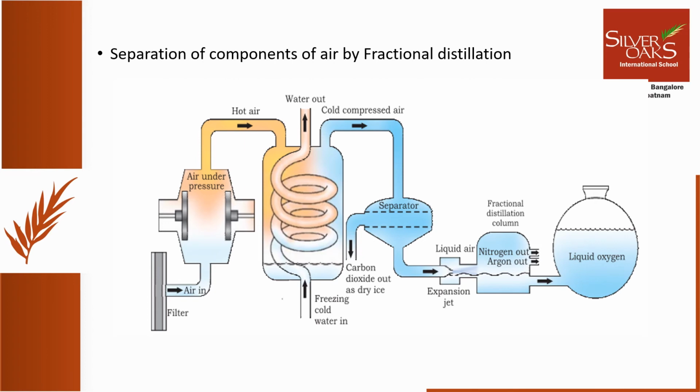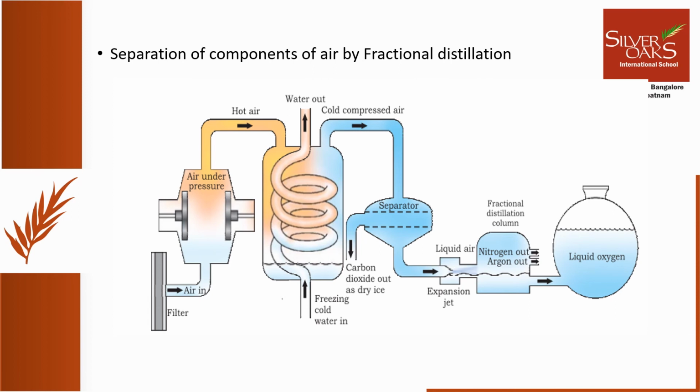Air free from carbon dioxide gas enters an expansion jet, from where it is transferred to the fractionating column. In the fractionating column, the liquefied air is slowly heated to separate the gas components according to their boiling points. As nitrogen has the lowest boiling point, it evaporates faster than the remaining gases and escapes from the top outlet of the fractionating column.